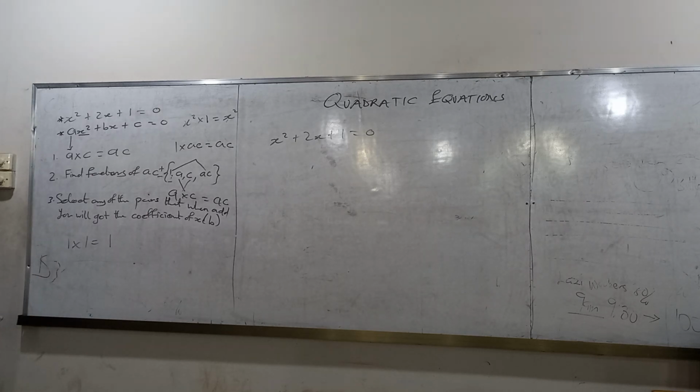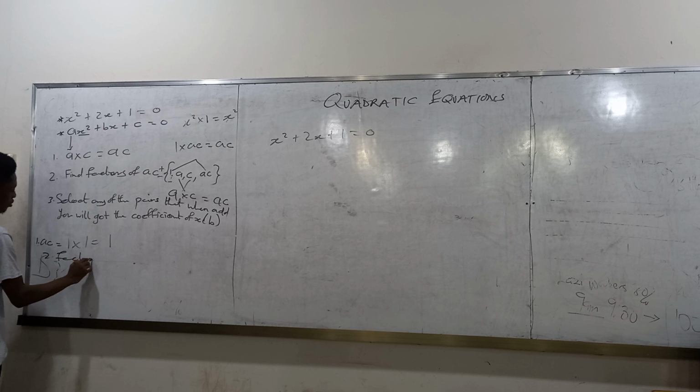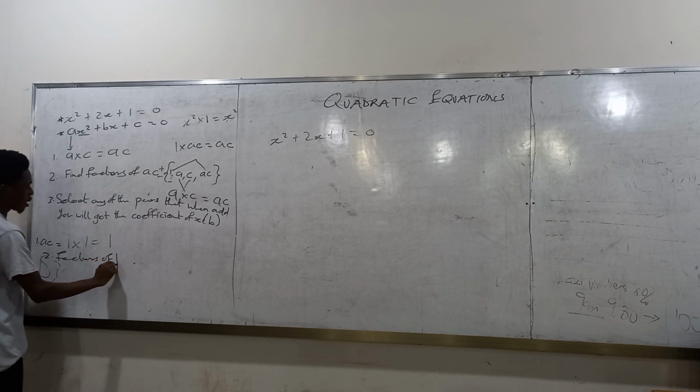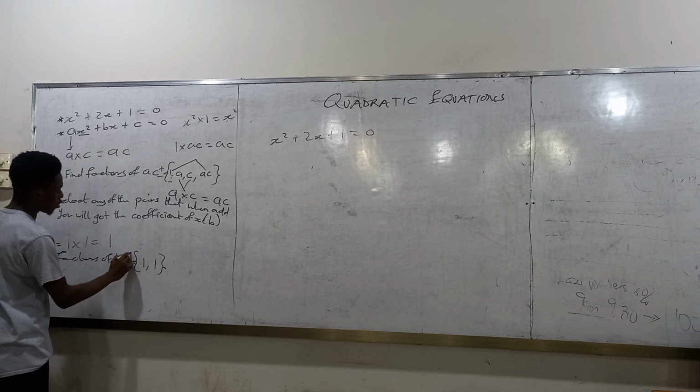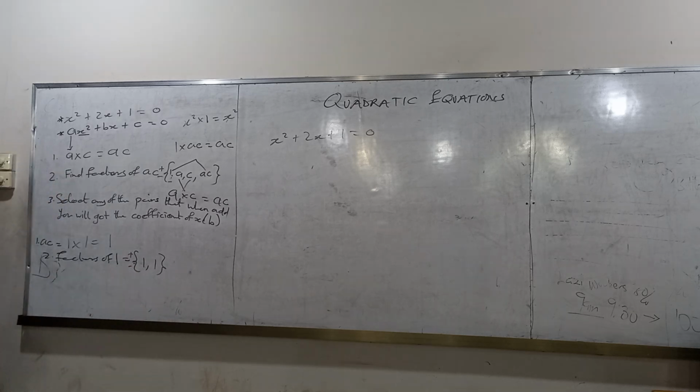Do you get it? That's the first step. So AC is equal to what? 1. Then the second step says we should find factors of AC. The factors of 1 are 1 and 1 itself, but positive or negative.